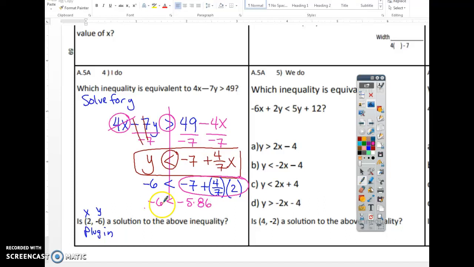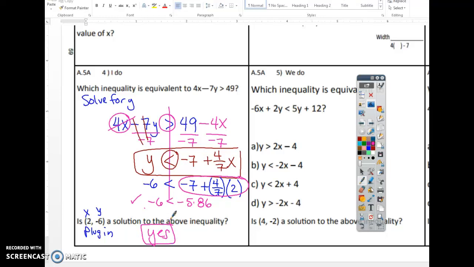Okay, so is this true? Is negative 6 less than negative 5.86? Yes or no? And it is, because remember the bigger the number on the negative side, the smaller the number it is. So that means this is a solution to the above inequality, and you just put yes.